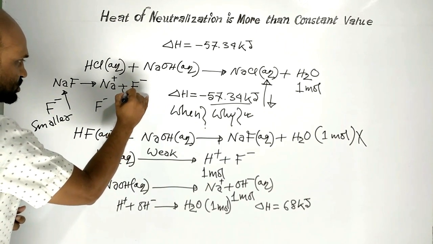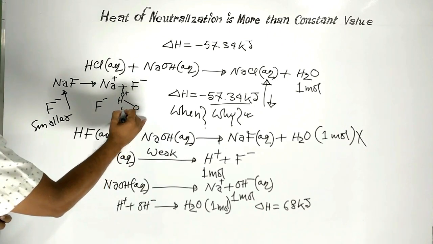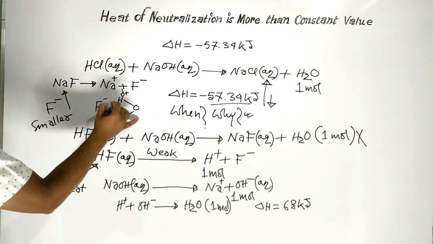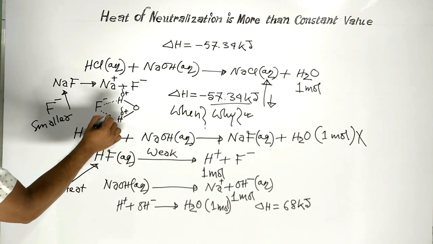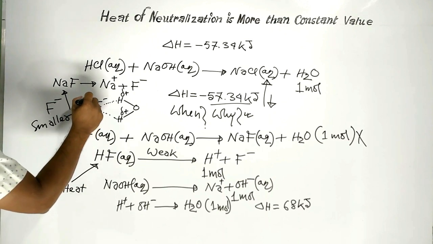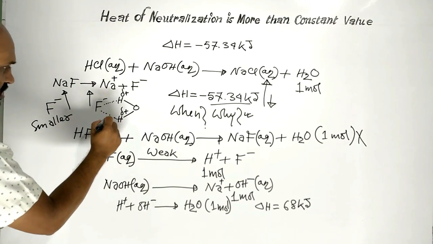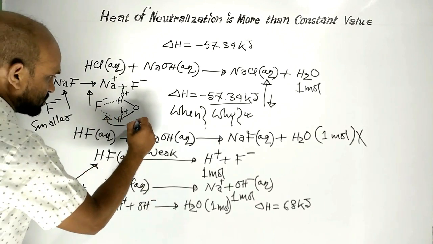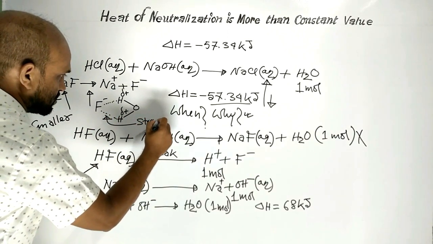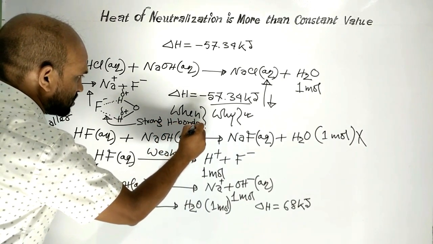Hydrogen becomes positive in charge. This hydrogen becomes positive in charge. Here a hydrogen bond is formed. As fluoride ion carries a high electron density, these hydrogen bonds are strong bonds, strong hydrogen bonds.